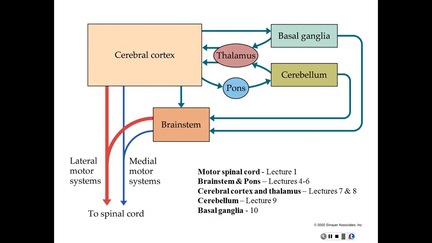Now, this is always an exception to the rule in science, I find. And this is that one exception to the rule of terminology. So I've told you that ganglia is a collection of neurons outside of the central nervous system. Unfortunately, somewhere a long time ago, this term basal ganglia applies to a group of neurons in the central nervous system, and it has stuck. Can't do anything about it. That's just what it's called.